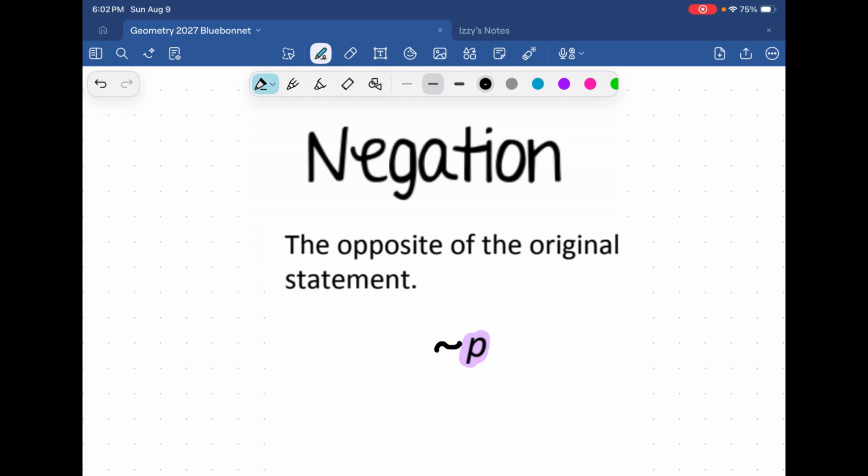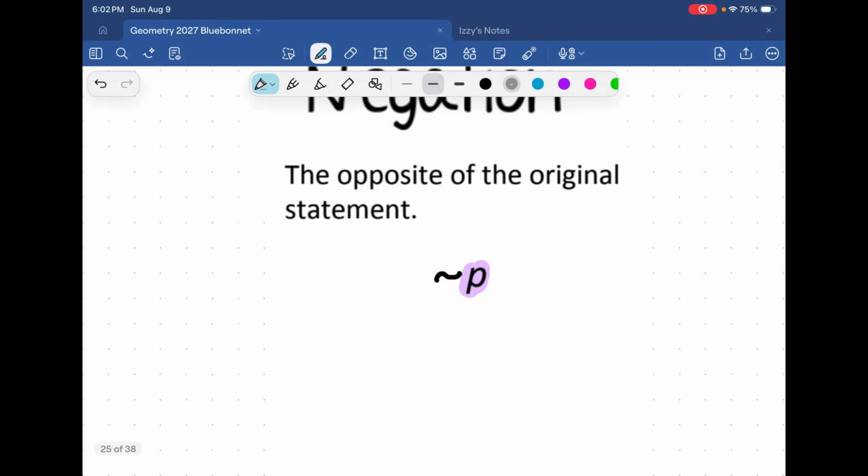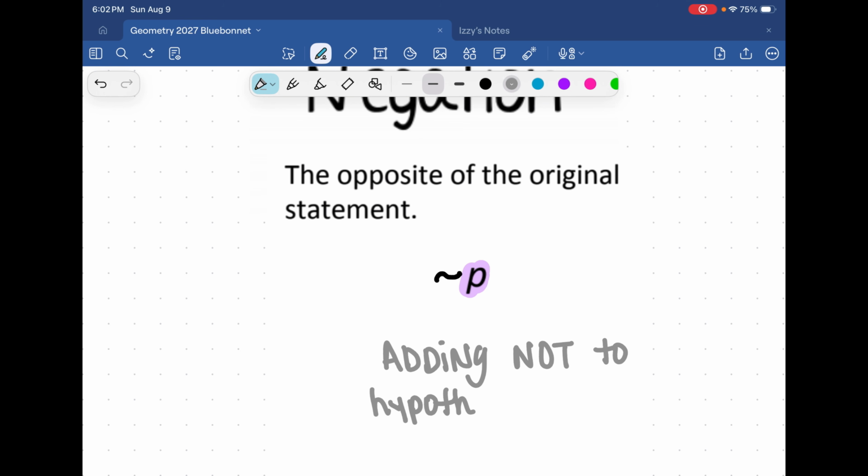We read that as not the hypothesis. So to do the negation, we are simply adding, if you want to add this to your notes, adding not to hypothesis and conclusion.